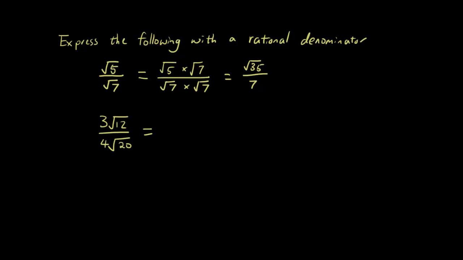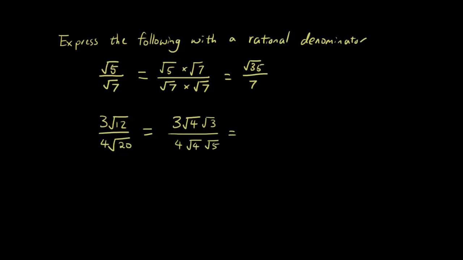With this second one, I would suggest that you simplify first. The numerator and the denominator can each be simplified by breaking the surds down. So I have square root of 4 times square root of 3 on top, and the bottom is 4 times square root of 4 times square root of 5.